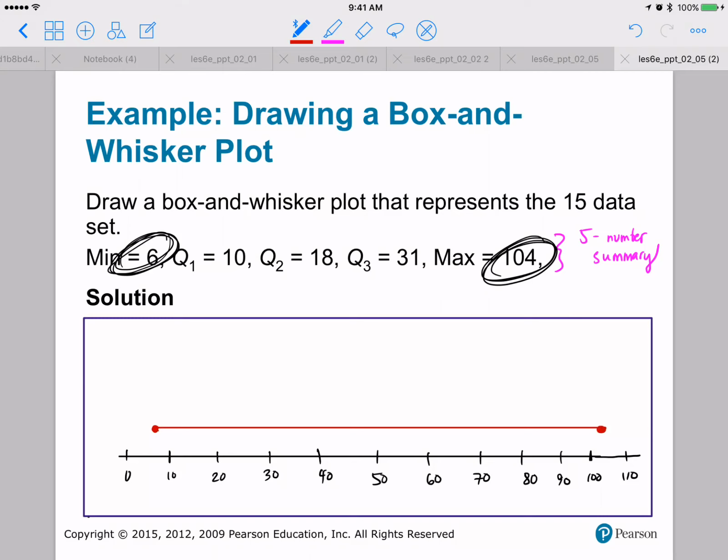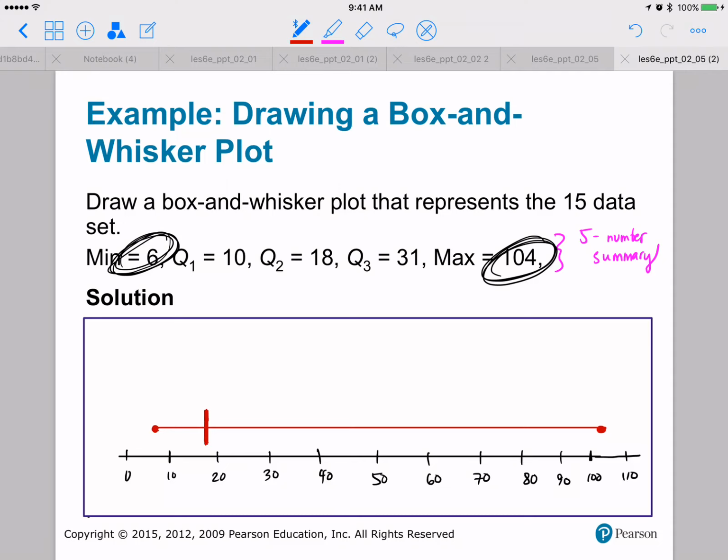Now I'm going to draw line segments that are perpendicular at Q2. So Q2 is equal to 18. So I'm going to go over here to 18. And I'm going to have my line segment. And I'm trying to make it very thick. I don't know if you can tell, okay?